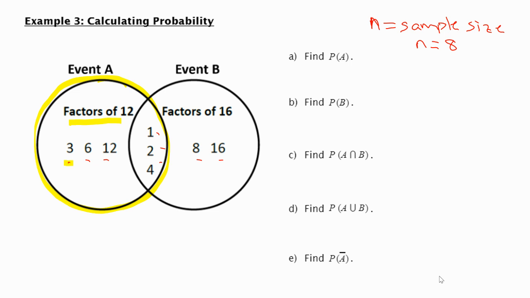So in here I have 1, 2, 3, 4, 5, 6. So my number of favorable outcomes would be 6. The number of possible outcomes would be our sample size, which is 8. So if I was to go ahead and divide that out, simplified it would be 3/4, or in this case it'd be 0.75.